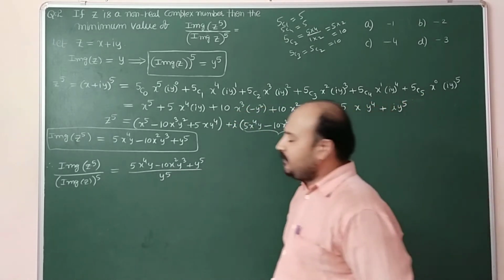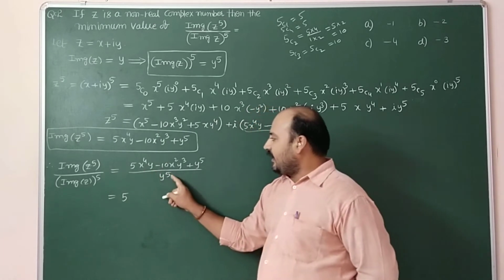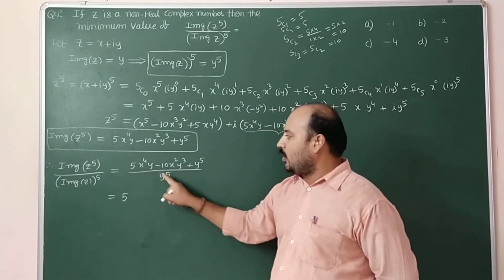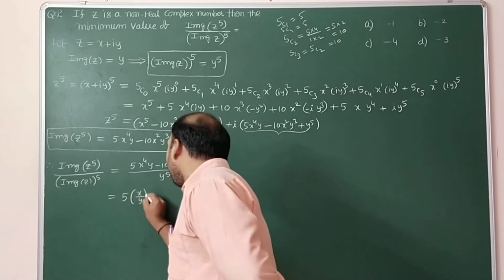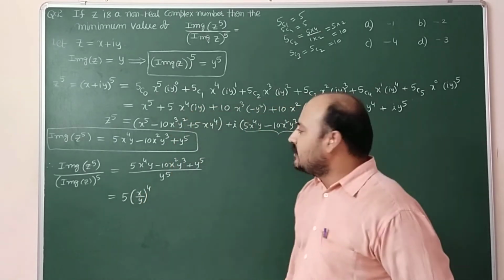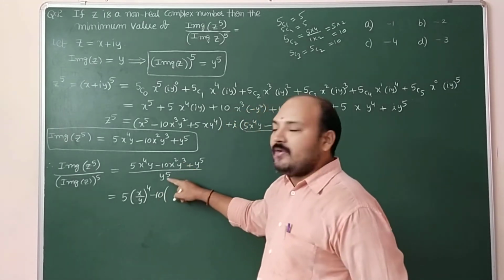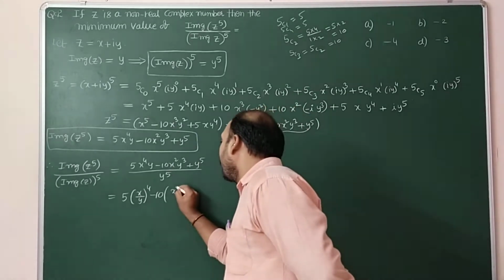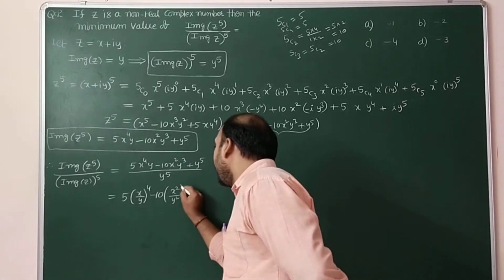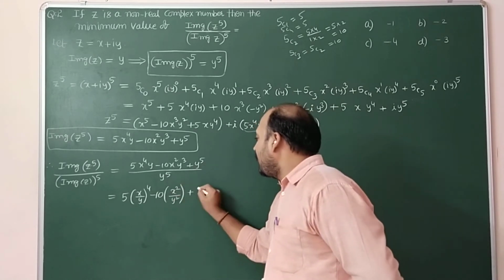Now simplify, which is equal to 5. Here y gets cancelled, y power 4. x power 4 by y power 4, I am taking as x by y whole power 4. Similarly, minus 10 y cube by y power 5, so y square will be there, x square by y square, x square by y square. Plus y power 5 by y power 4.